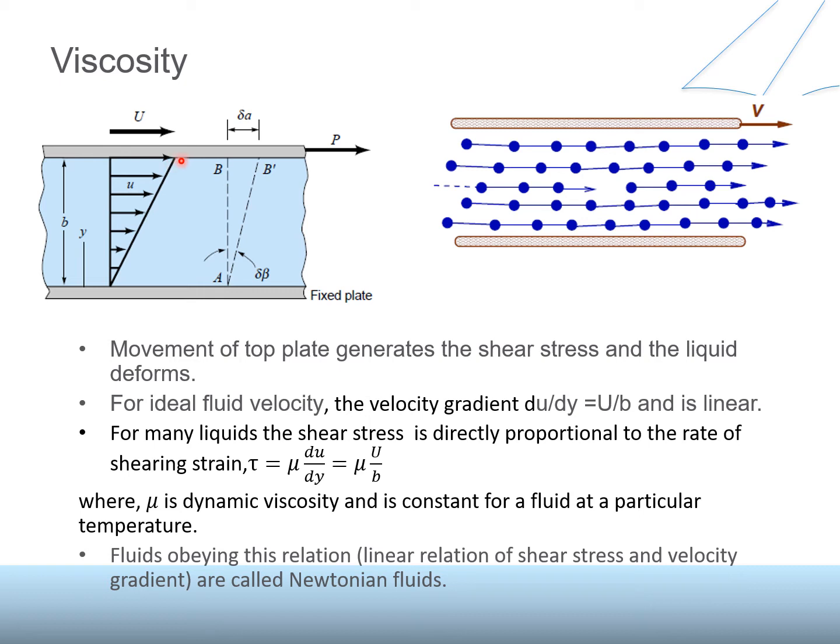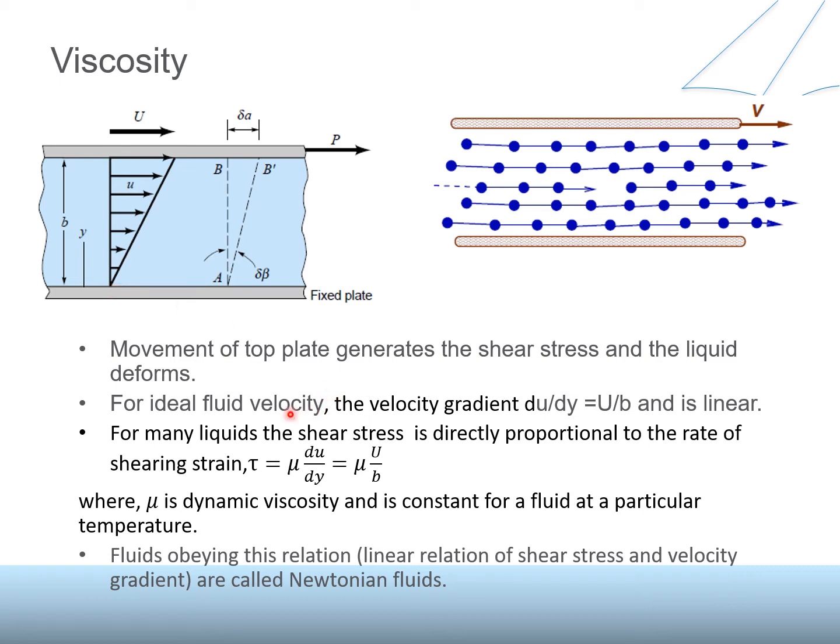So that means when you apply the force, the liquid has to move, right? However, at the bottom, the plate is fixed, which means the bottom layer of the liquid does not move at all. So this creates the velocity gradient. At the top, the velocity is u, and at the very bottom, the velocity is 0.